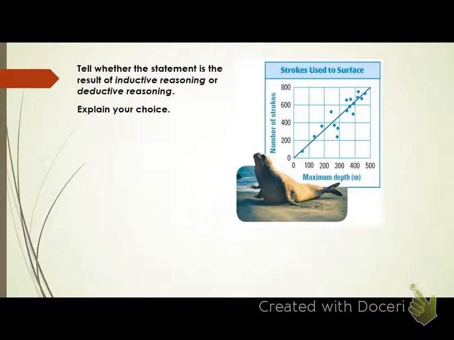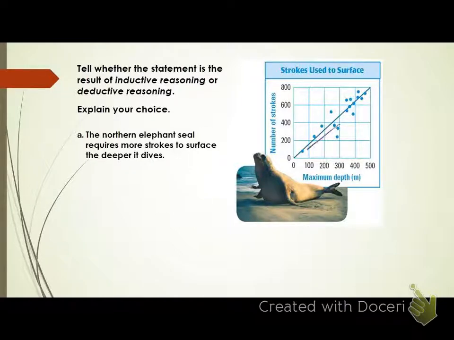And there are a couple of different conclusions we can draw from this graph. The first one being that the northern elephant seal requires more strokes to surface the deeper it dives. Okay? Now, if we look at that graph, we can see a pattern of the data points trending upward, right? It's in an increasing way.